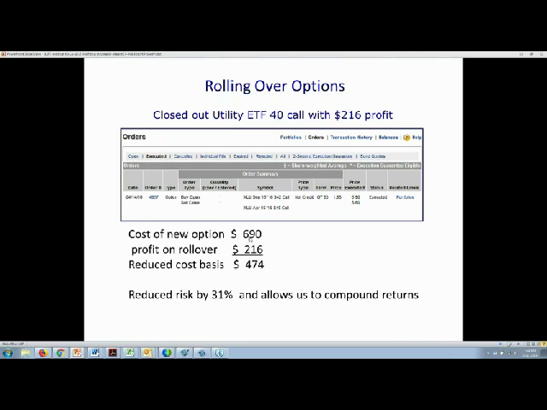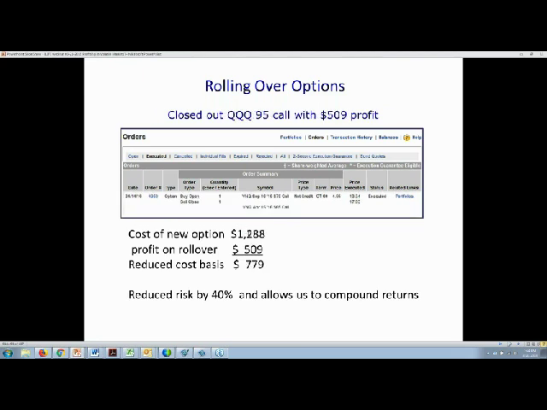The cost of the new call, the September 42 call, was $690. So we rolled over our profits, and that reduced the cost basis of the new call to $474. In this case, we reduced our risk by 31%, so we're going to get a higher return on the new option.